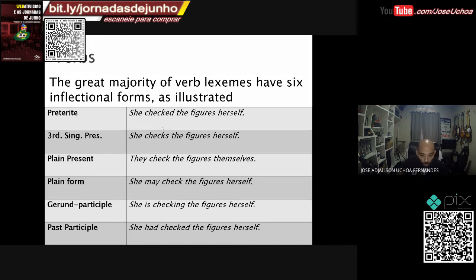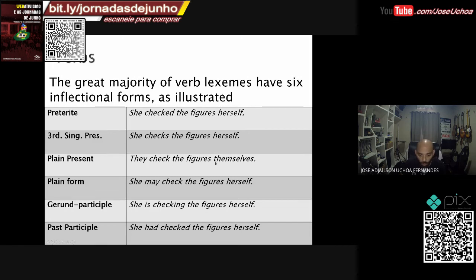We also have another inflection called third person singular present, which is the final S: checks. We have the plain present that many textbooks call the infinitive without to. But the technical term is plain present when the verb is in the present and it's not third person singular. So in the simple present, we will always use one of these two forms, either the third person singular or the plain present.